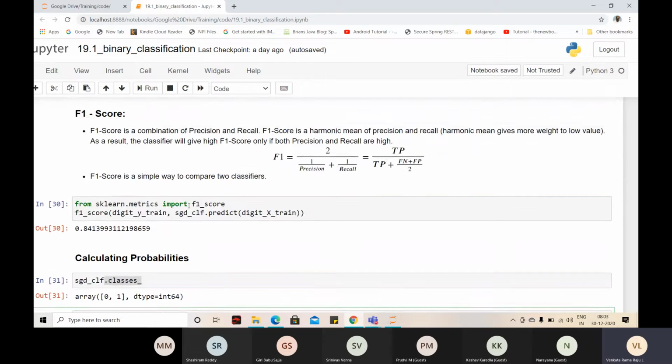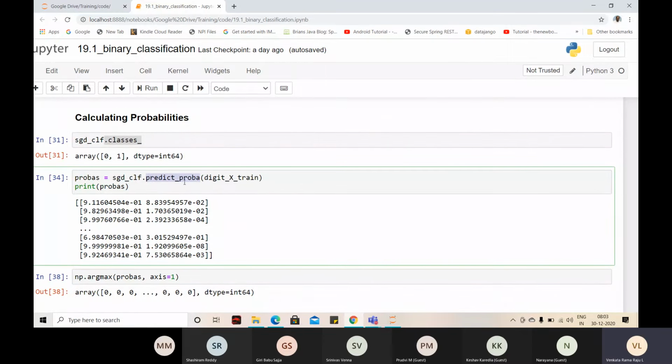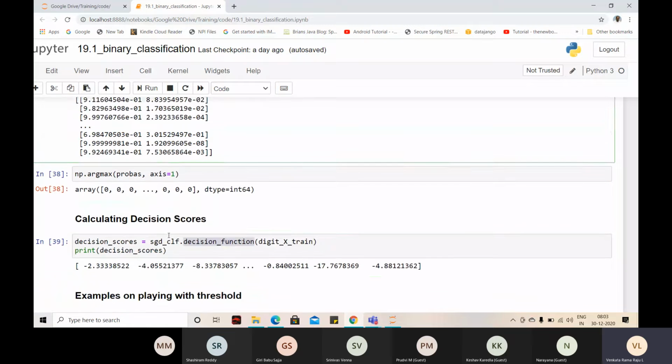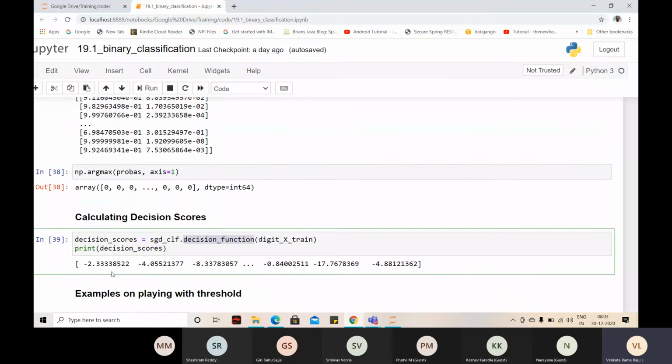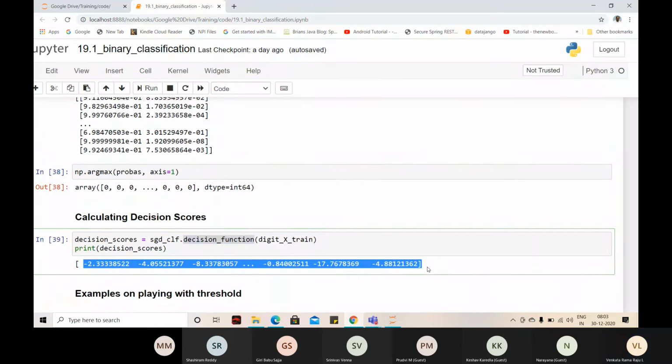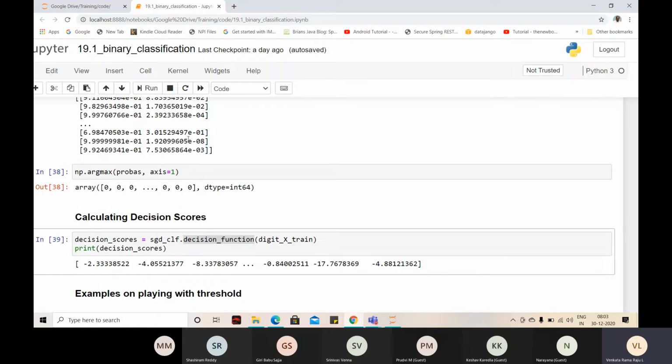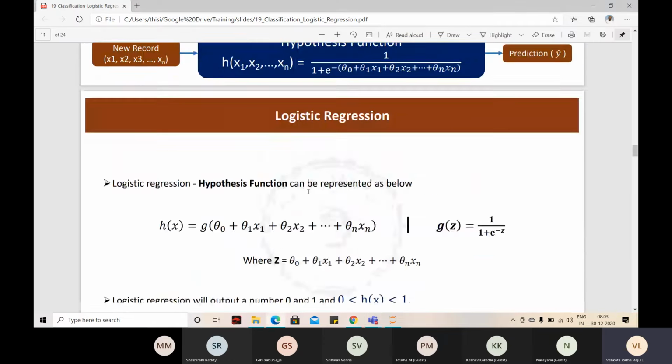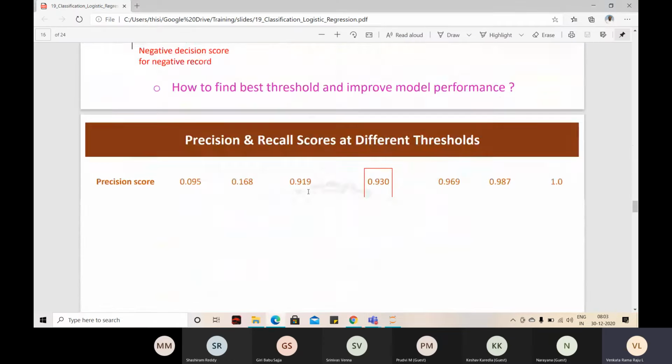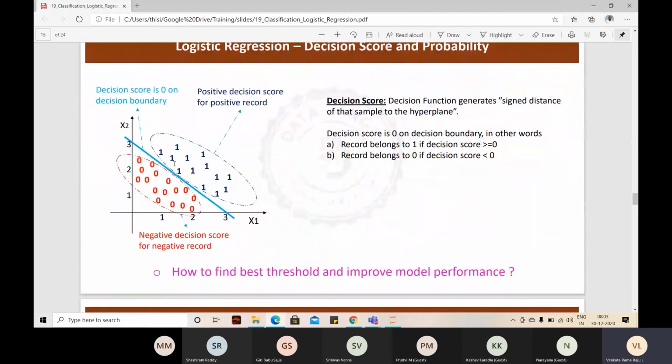When you say predict, it is going to predict the class. When you say predict proba, it's going to show you the probabilities. When you say decision function, it's going to give you decision scores. How is this probability calculated? I'll explain in a moment. But what is this decision score? The decision score is the distance between the decision boundary and the record.